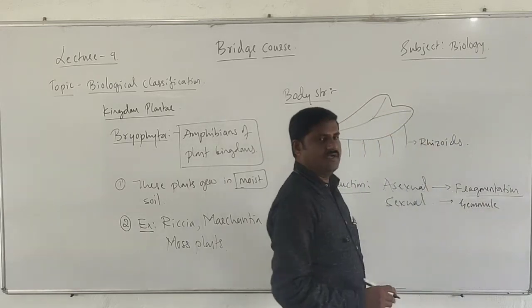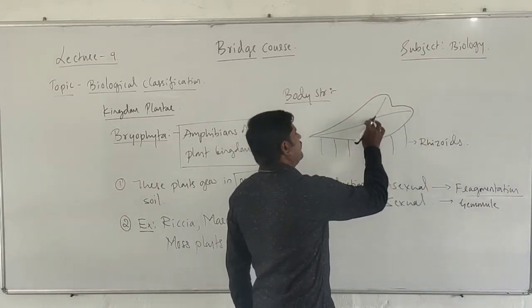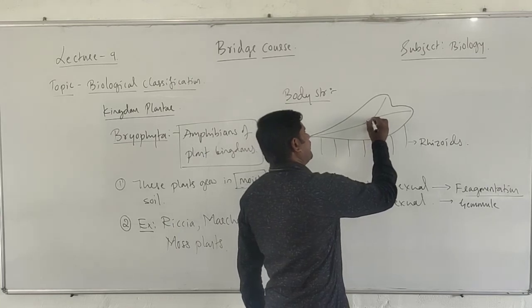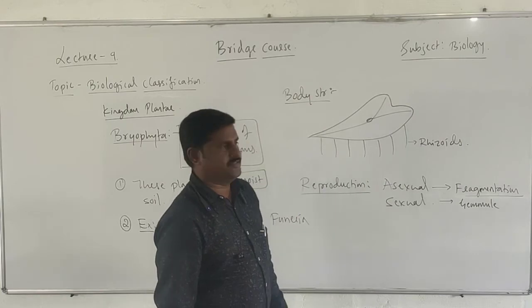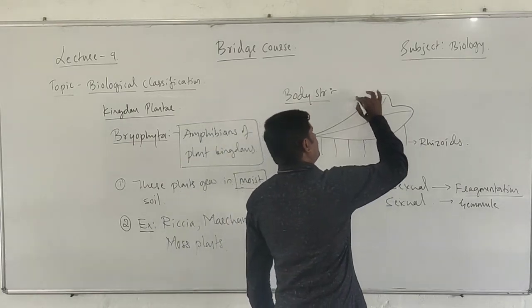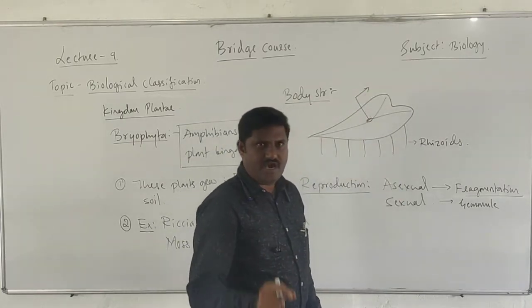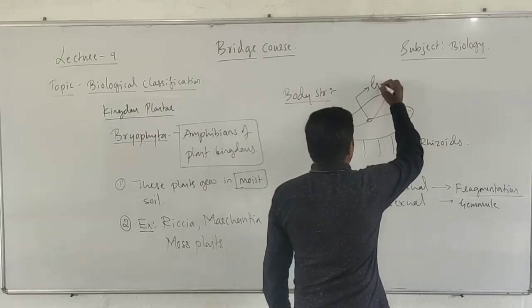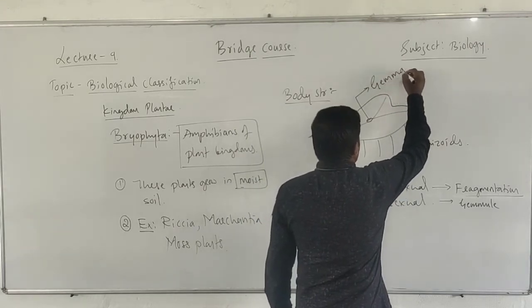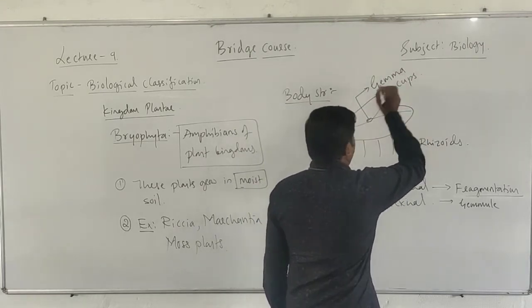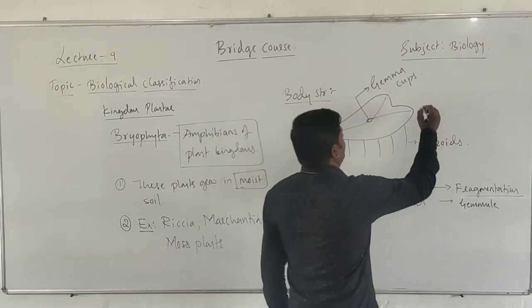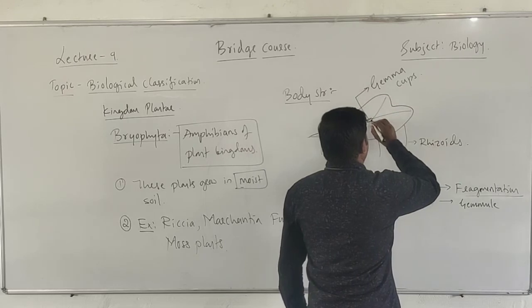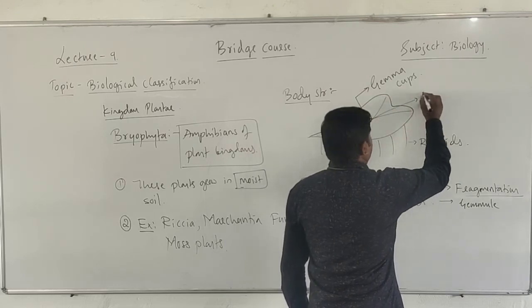So the second one is gemma formation. Gemmae: there are some cup-shaped structures that we come across, and these cup-shaped structures are known as gemma cups, right? Inside these gemma cups there are gemmae. What is present inside this one?